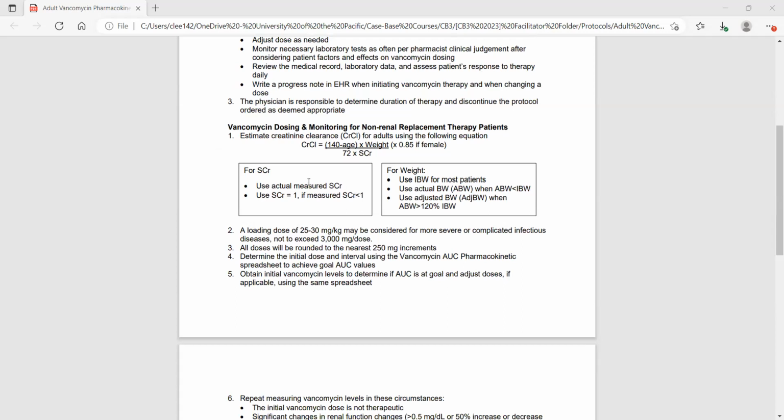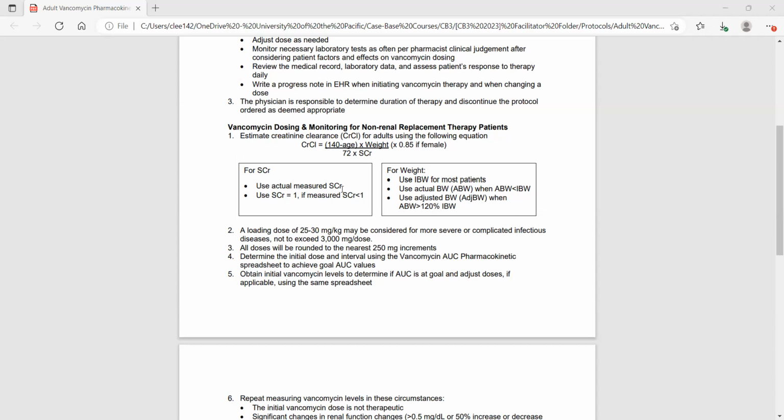In terms of the dosing, there are different patients that you might see being dosed. One is those patients who have normal renal function, or maybe those who might have mild CKD at baseline, but as long as they're stable and don't have AKI, those patients we can dose very quickly.